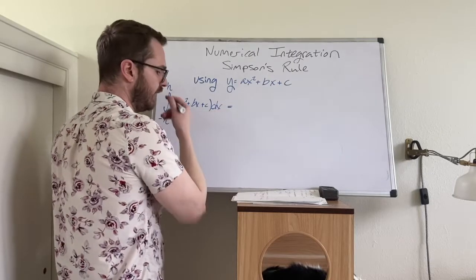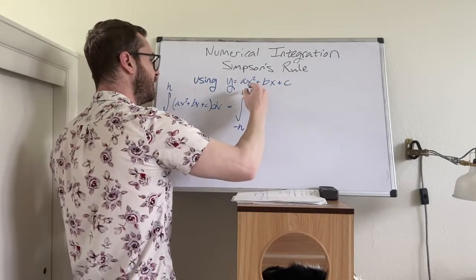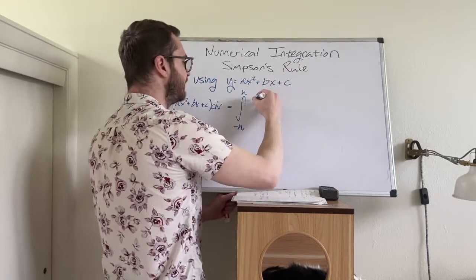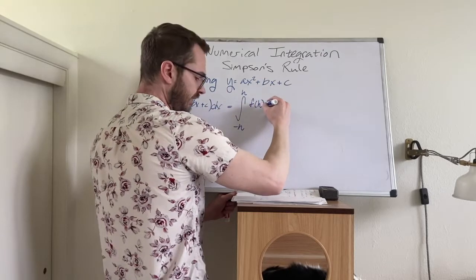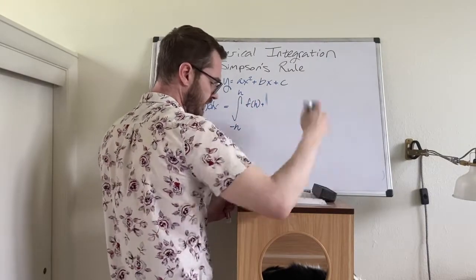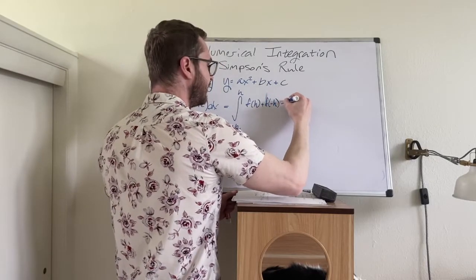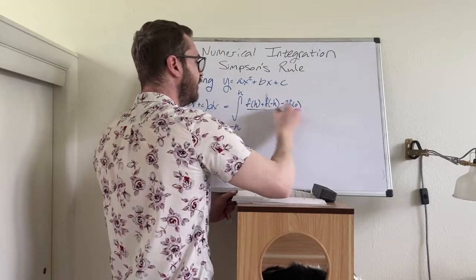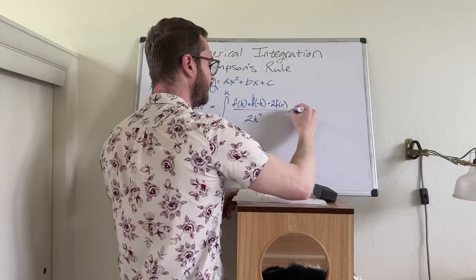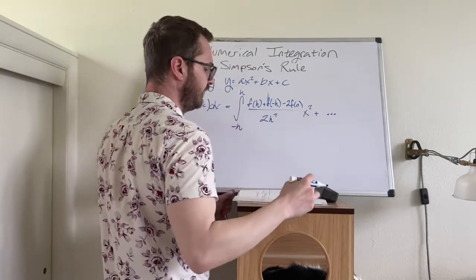And then this is going to equal the same integral, these same bounds, and I can literally write those previous definitions in here. I can say here's f of h, f of negative h minus 2 f0, all divided by 2h squared, multiplied by x squared plus dot, right?